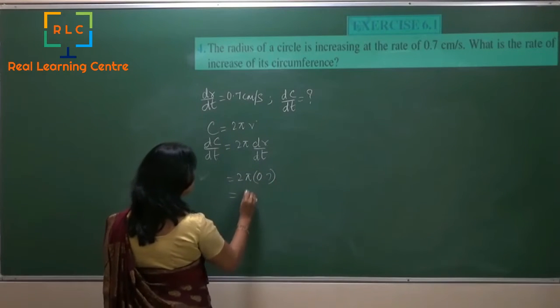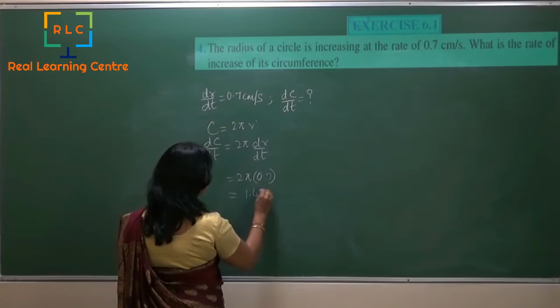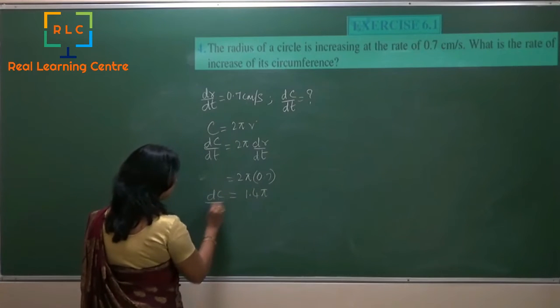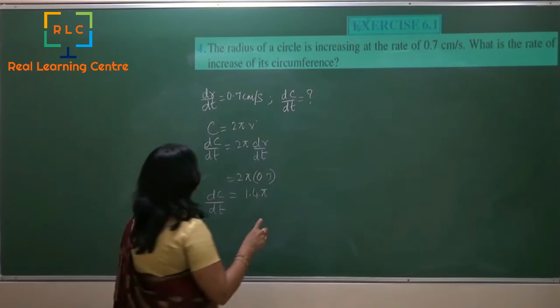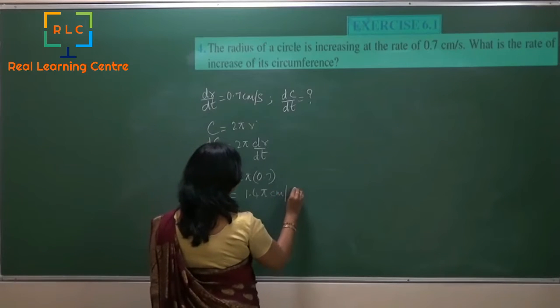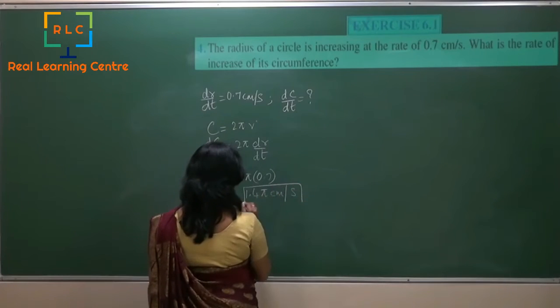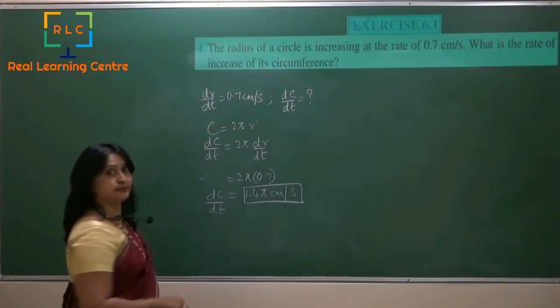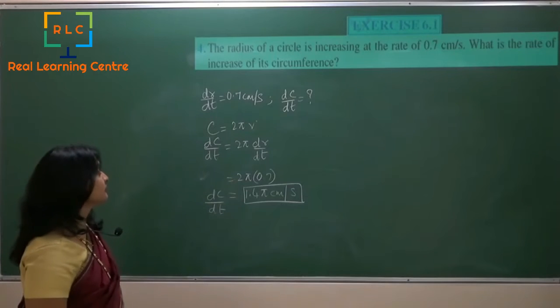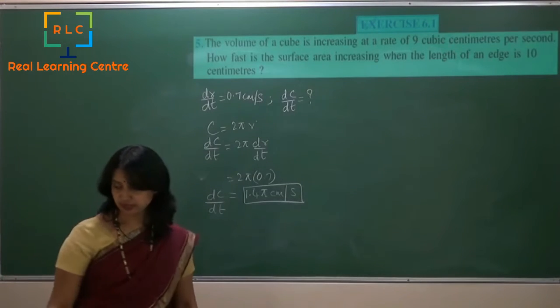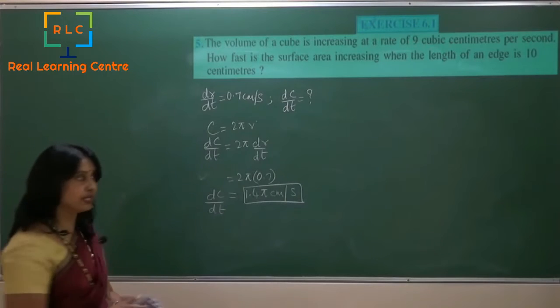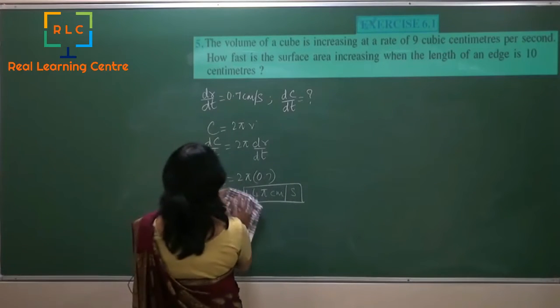So 2 sevens are 14, so dc by dt is 1.4 pi. We are talking about circumference, which is a length, so this is centimeter per second. We got our answer. Okay, I guess we are finished with circle problems, and now we are getting into the next figure, cube.